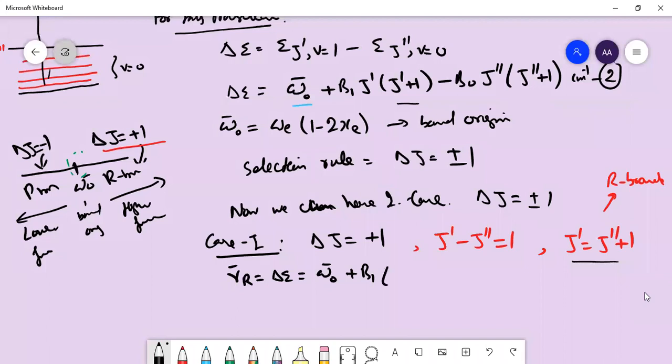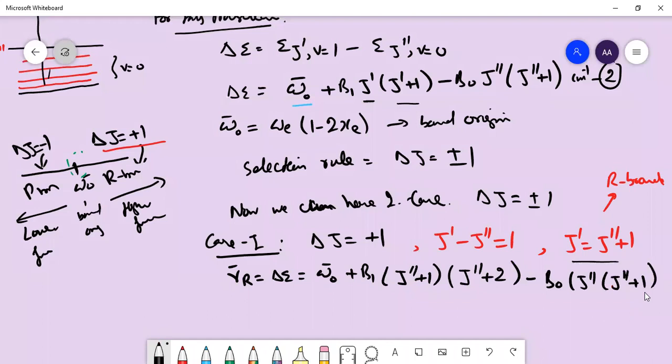So what I will have here is J''+1, and in the bracket also, in place of J', I can write J''+1, and plus 1. It will be J''+2. Again, minus B0 J''(J''+1).